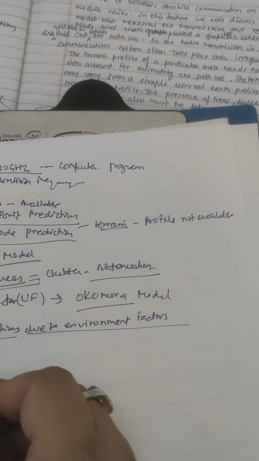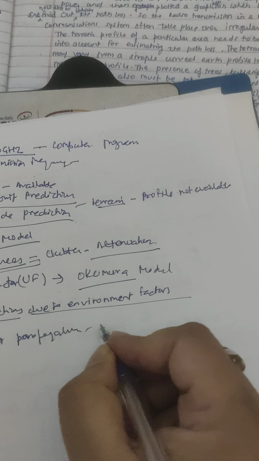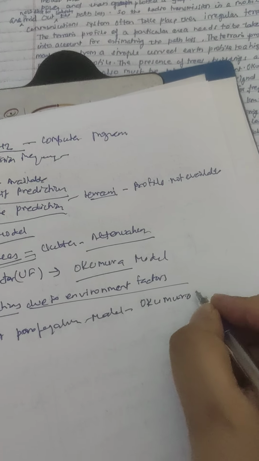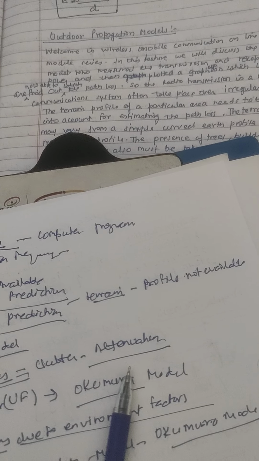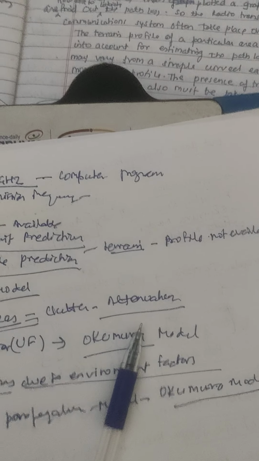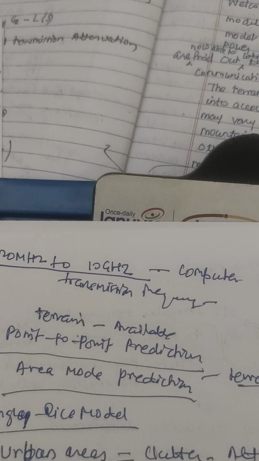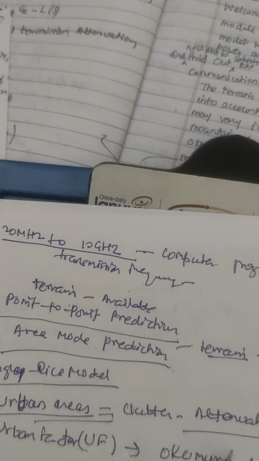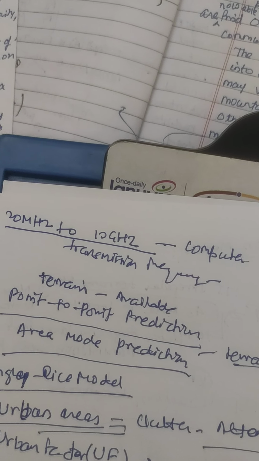So if we talk about outdoor propagation models, the Okumura model is widely used, a convenient model to cover path loss, because outdoor radio transmission takes place over irregular terrain, and the irregular profile must be taken into consideration for the estimation of the path loss.